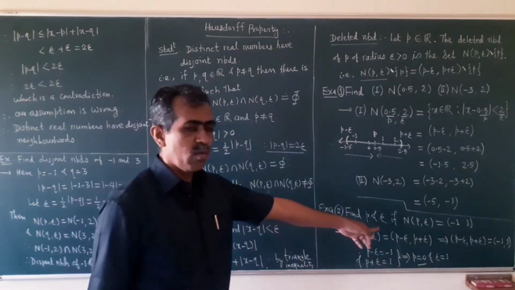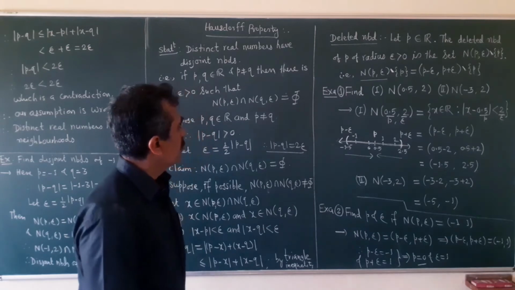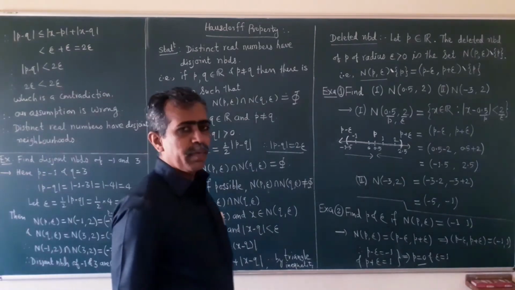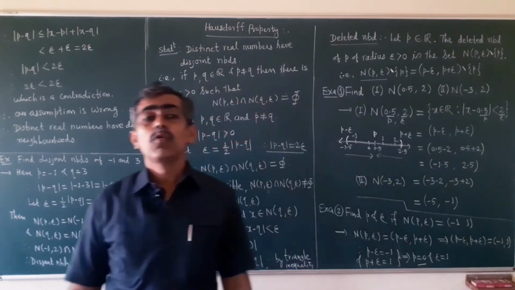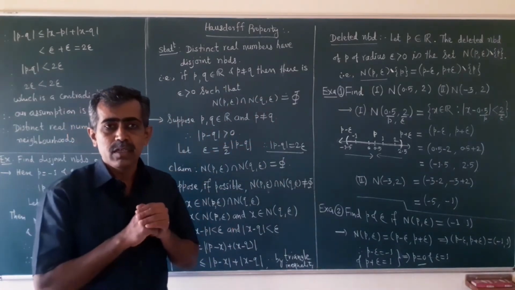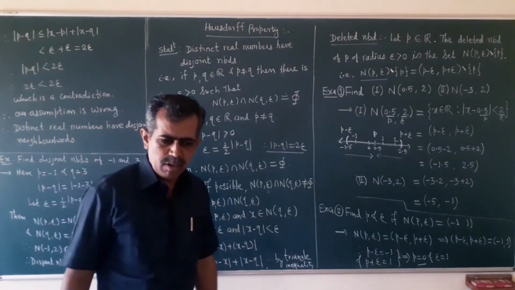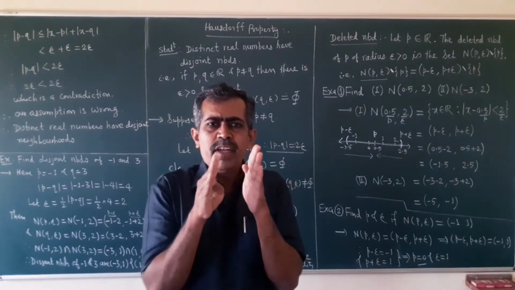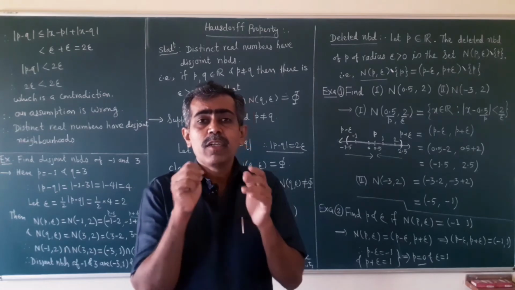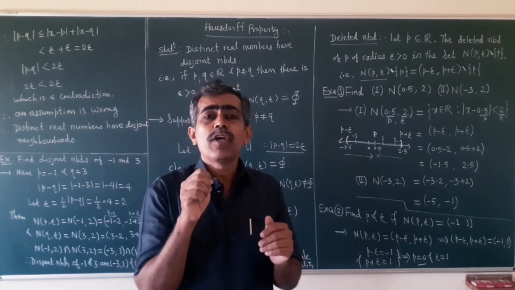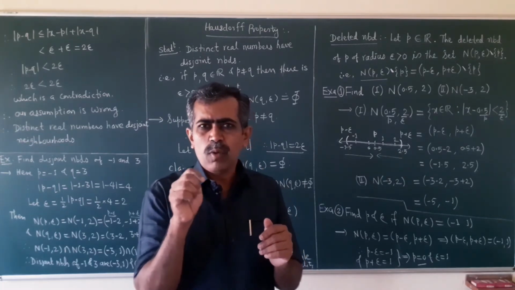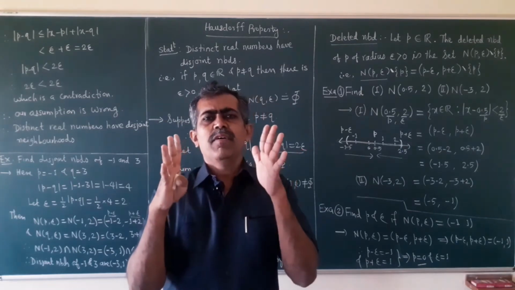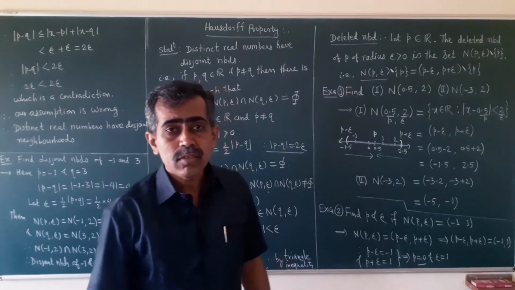Okay. Now see one important property of neighborhoods, or of real numbers especially. If you consider any two real numbers, however close they may be, you may consider 0.1 and 0.2, or even 0.10 and 0.11. Consider any two real numbers.